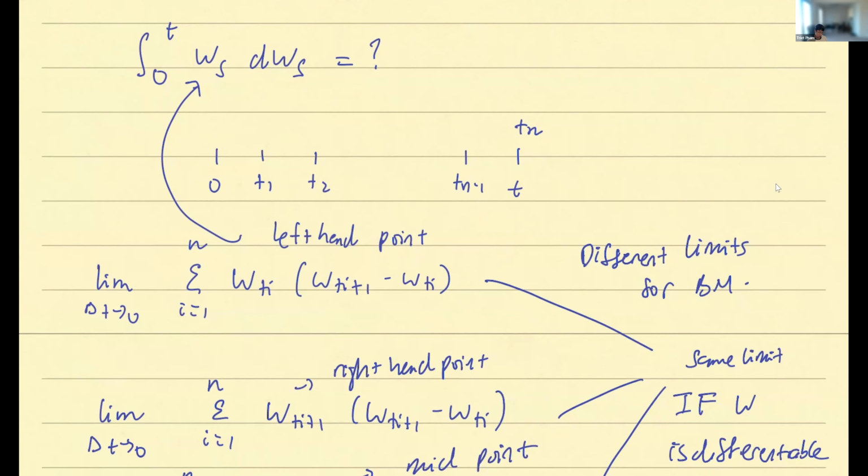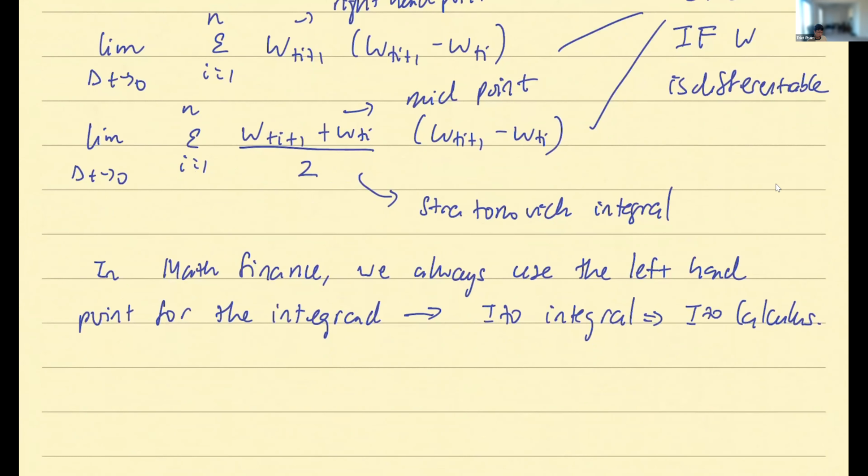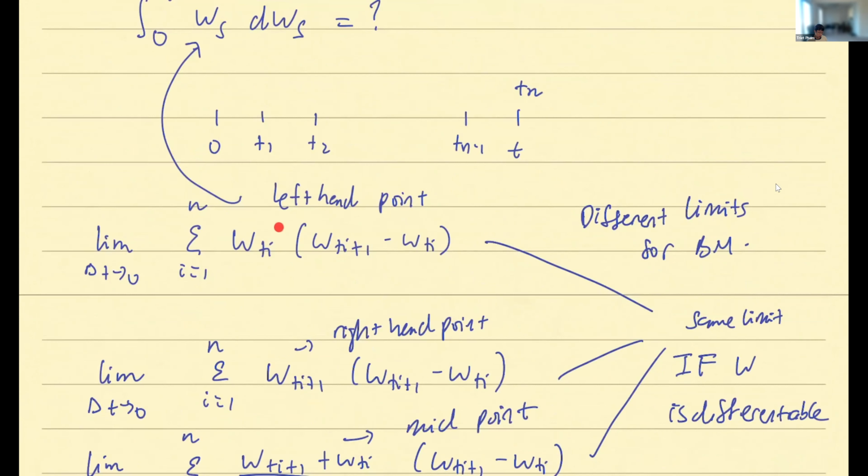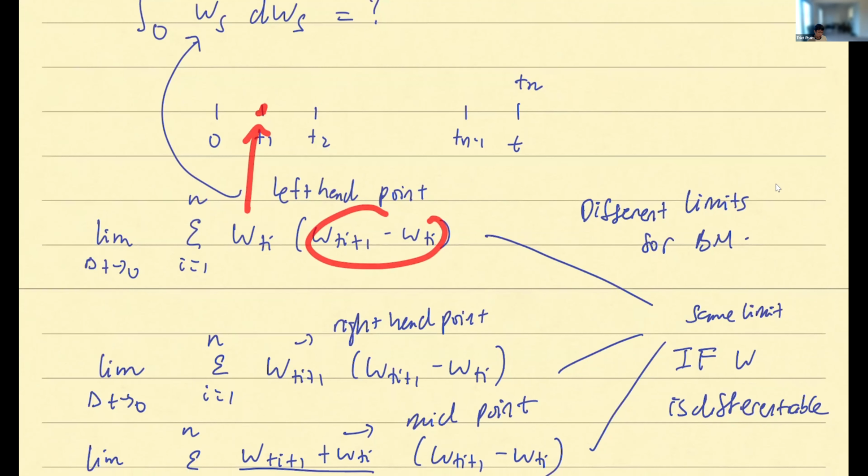All right. So I want to, again, try to explain why the left-hand point is a natural choice for us. The left-hand point is a natural choice because if you interpret time as moving forward and this as the integrand, then at time t_i, think of this as the portfolio choice you want to pick, or the number of shares of the stock you want to hold. Then at time t_i, the choice you make can only depend on past information.